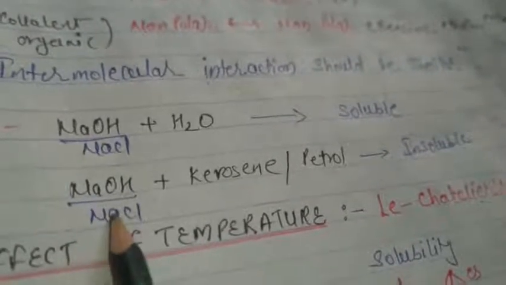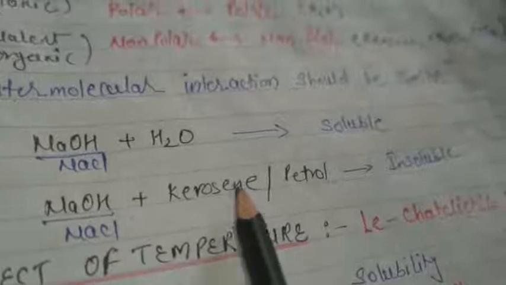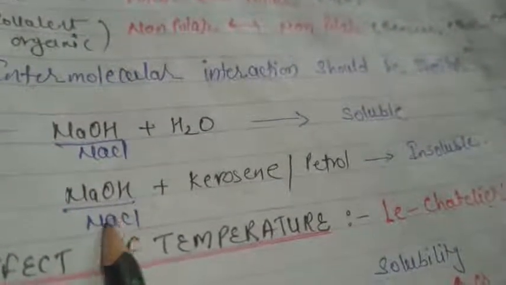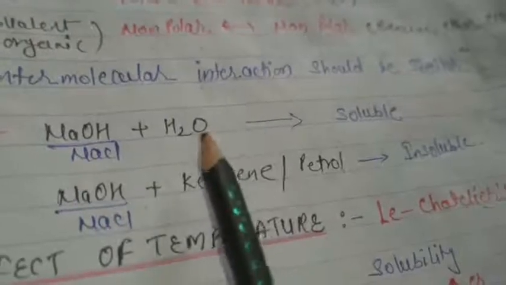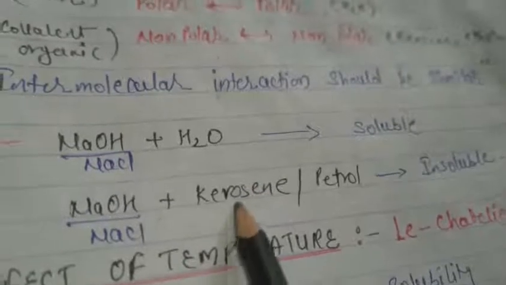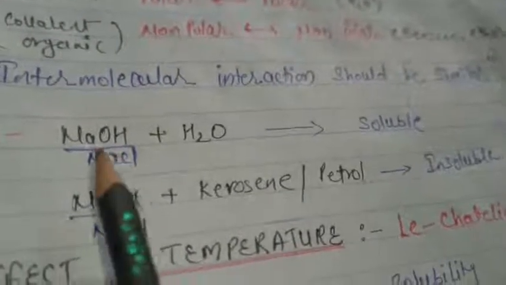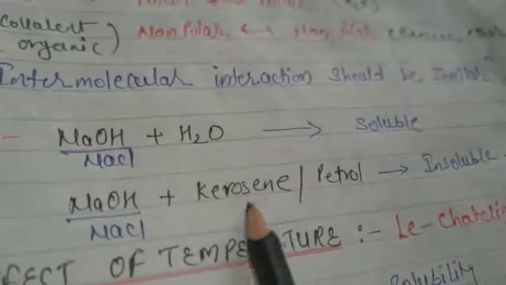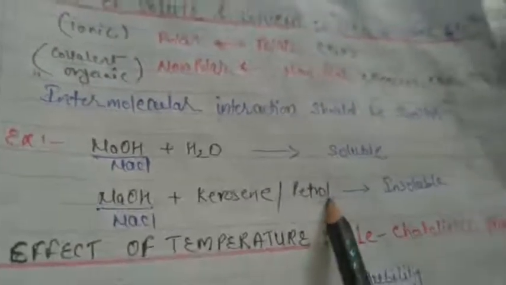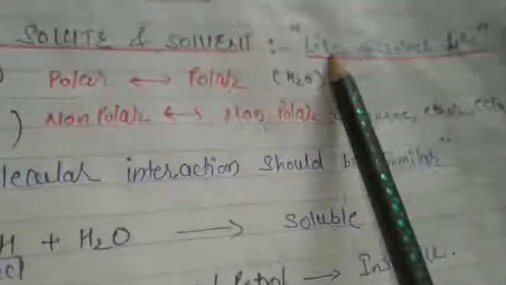Means NaCl is insoluble in kerosene or petrol. See, NaCl is an ionic compound. Water is again a polar solvent, but kerosene or petrol is a non-polar solvent. That's why NaCl is insoluble in kerosene or petrol. Clear? So for this we have to remember like dissolves like.